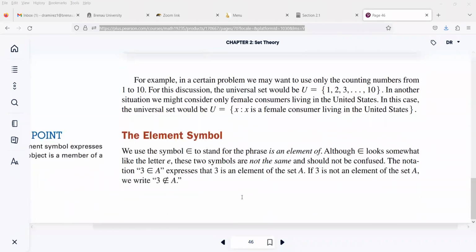Okay, so we have been talking about sets, and we're going to use the element symbol to indicate whether something is an element of a set or not. We use the symbol that looks like a lowercase epsilon to stand for the phrase "is an element of." Although this looks somewhat like the letter E, these two symbols are not the same. Again, the splitting hairs principle. The notation 3 ∈ A expresses that 3 is an element of the set A. If 3 is not an element of A, we are going to cross that symbol.